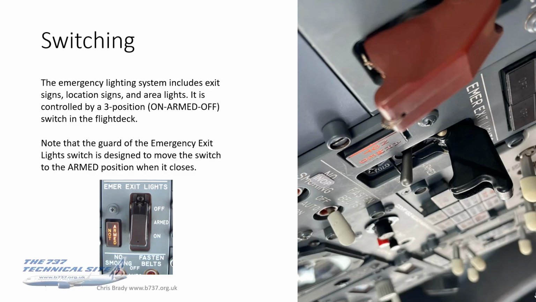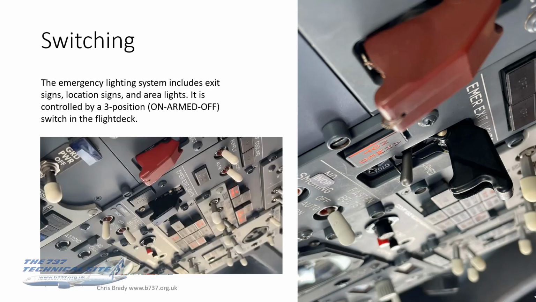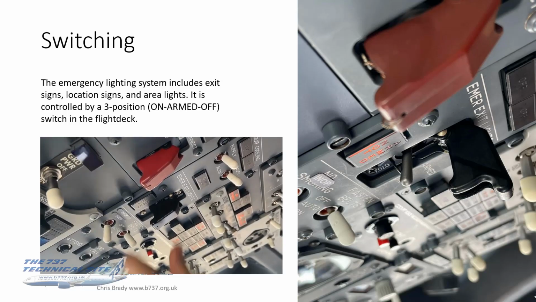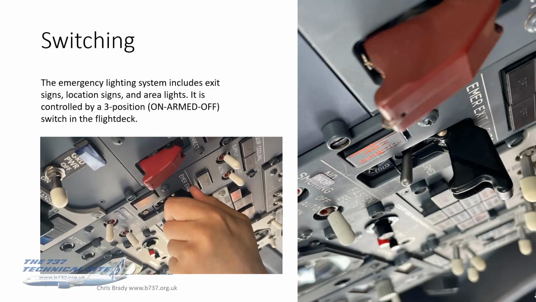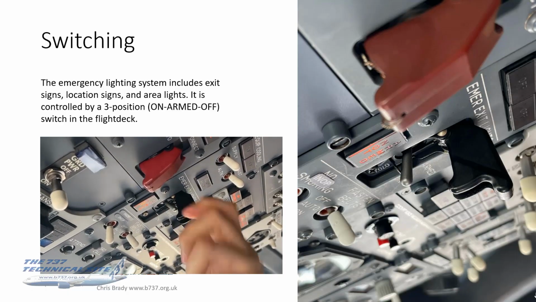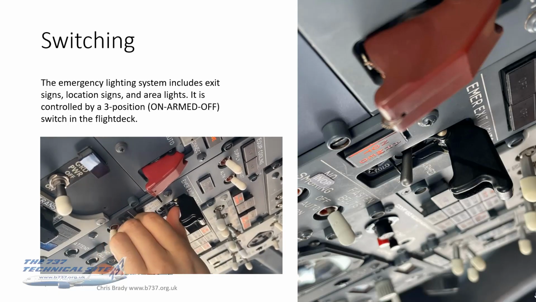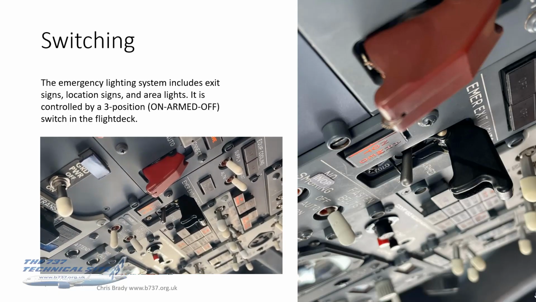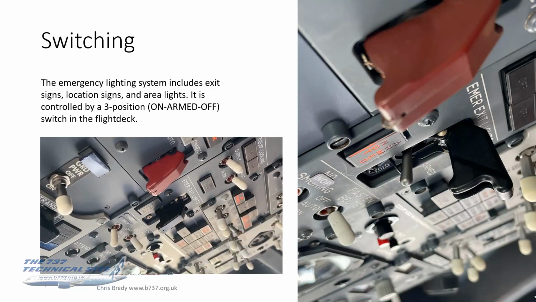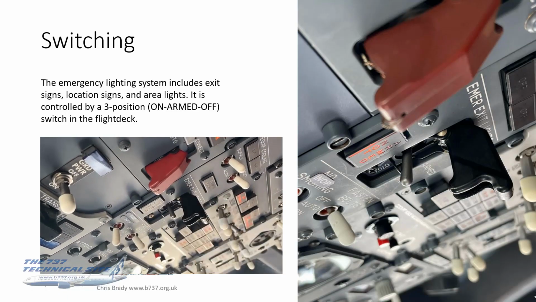And point to note is that the guard of this switch is designed to move the switch to the arm position when it closes. So if the switch is in any other position, if it's in off or on, moving this guard back to closed puts it in the armed position, which is where it needs to be most of the time. So that's what the guard does.